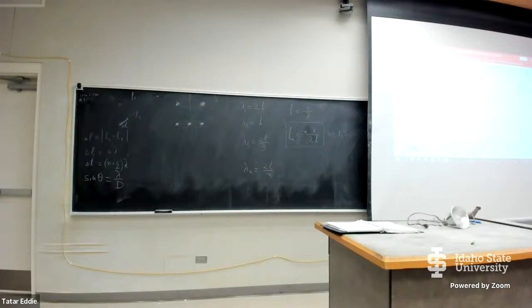But if you have a string with one end that is fixed and the other end may not be completely fixed, in that case, the pattern of standing waves is going to be different, not what is given here. And we're going to talk actually about standing waves with open end tubes or so.